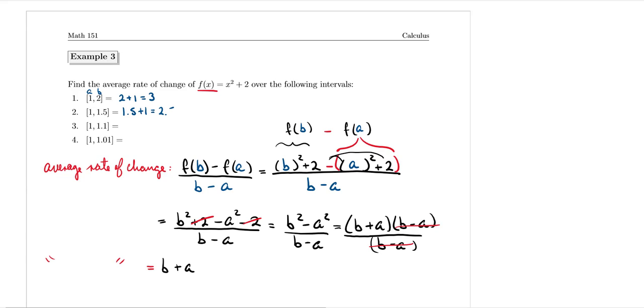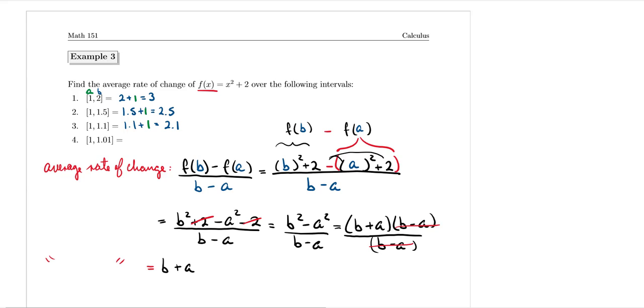Okay, so it's a 2.5. The average rate of change between 1 and 1.1, so now we are at 1.1 plus 1. So notice here the only one that is changing is the b. The a is always staying at 1. So we're going to have here a 2.1.